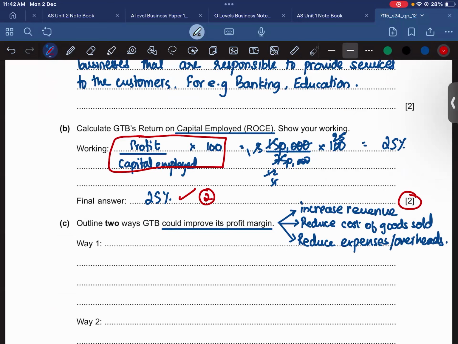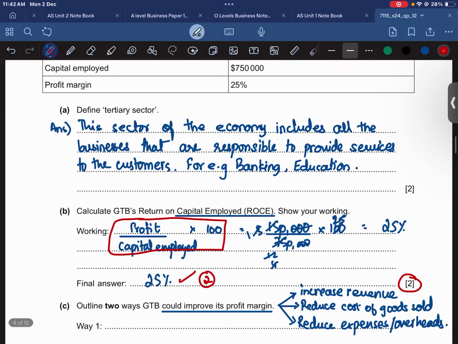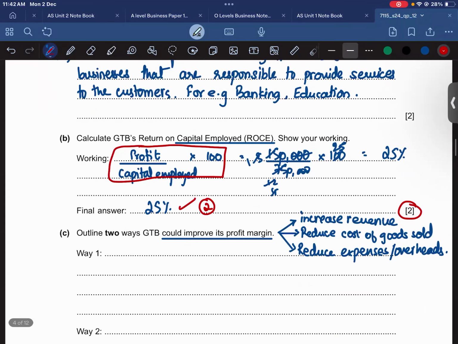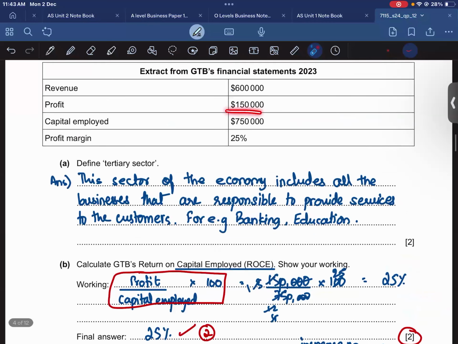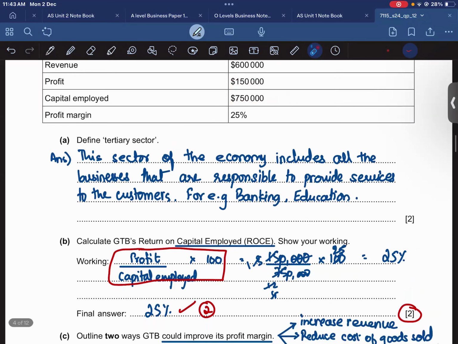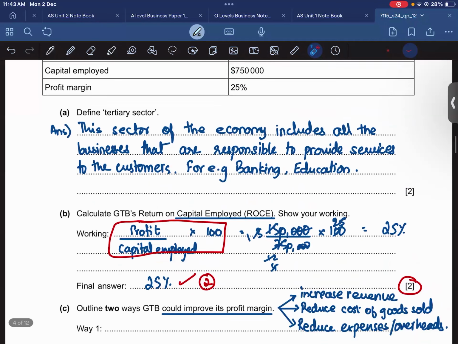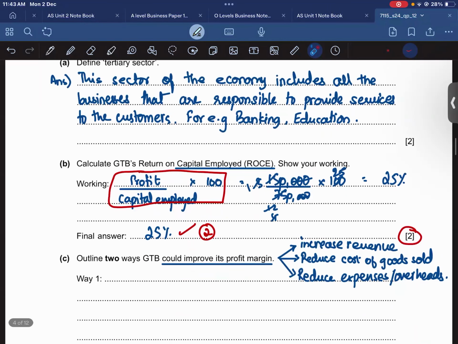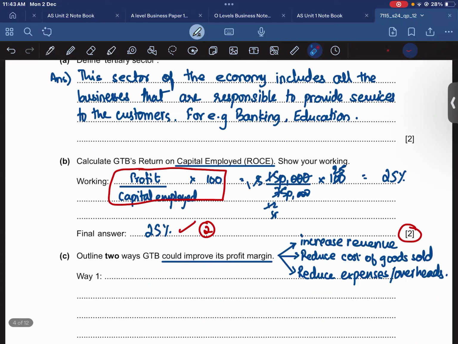So in the calculation they asked about the ROCE, return on capital employed. ROCE is calculated through profit divided by capital employed. So over here you had 150,000 as profit, divided by capital employed of 750,000. So you calculated and you got an answer of 25%.